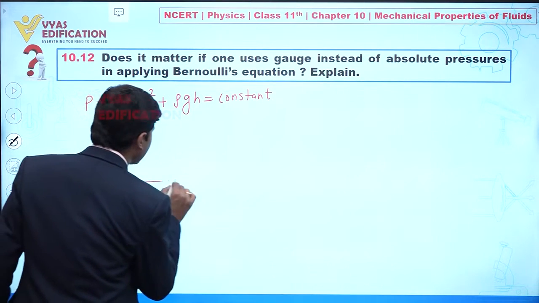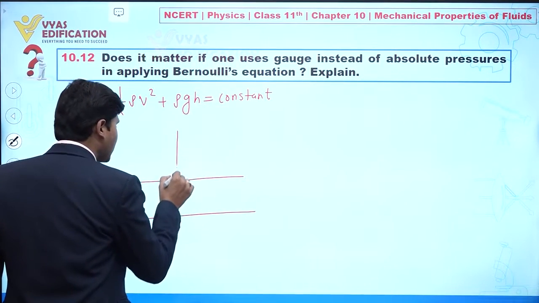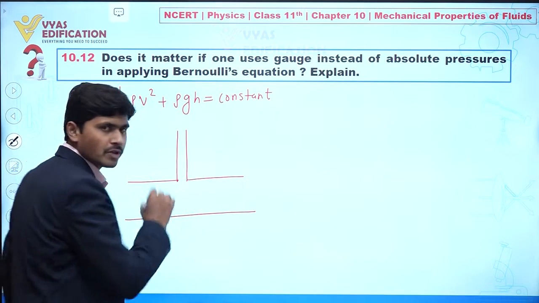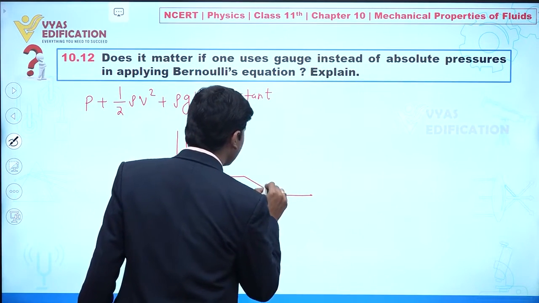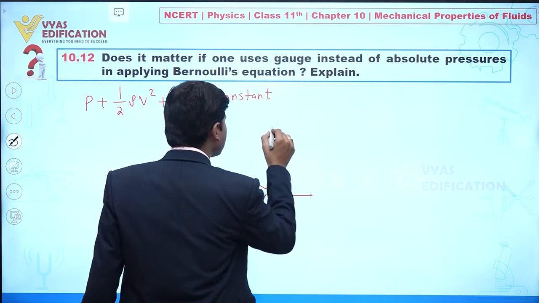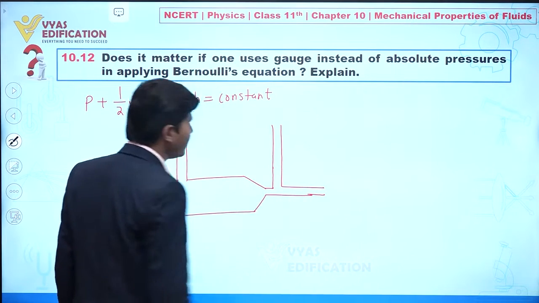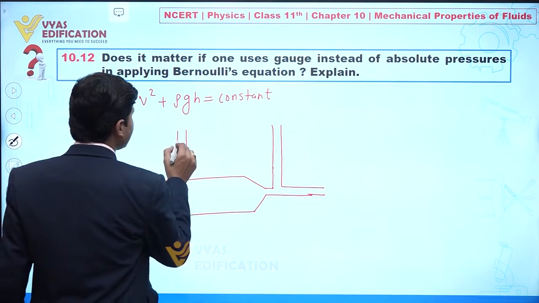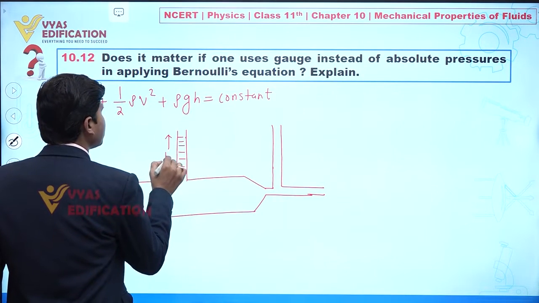So let's suppose here we have a pipe. Clear? And let's suppose we connect a manometer in this position. Clear? Let's suppose here the area is changing, and now we are also connecting one more manometer like this. Clear? So let's suppose here we have a height, this is h1. Clear?